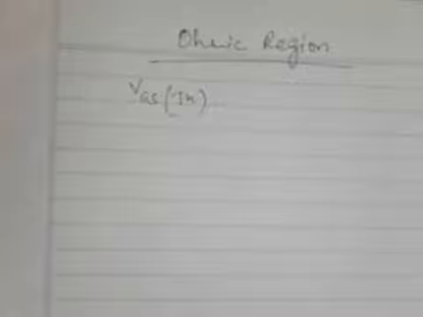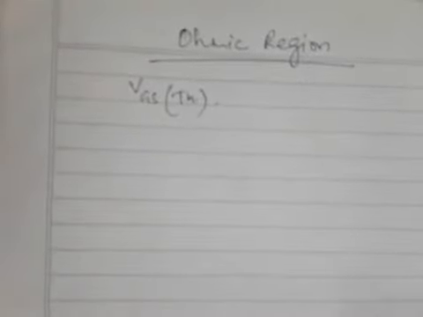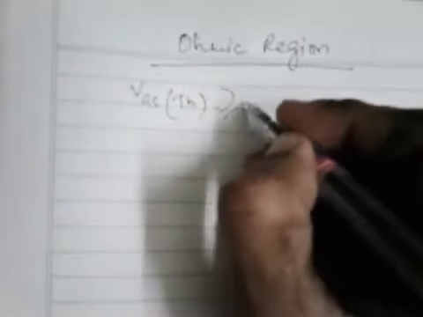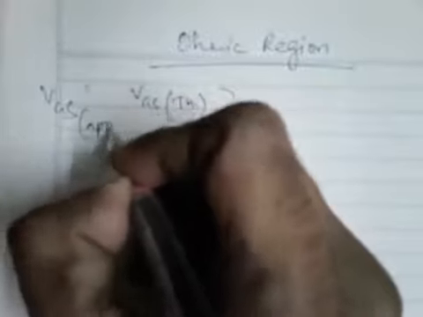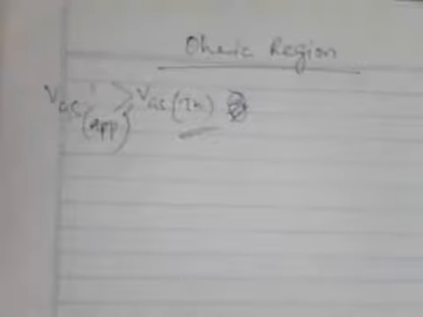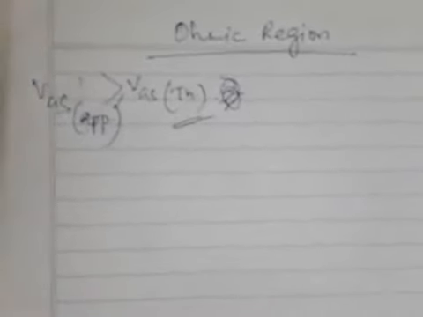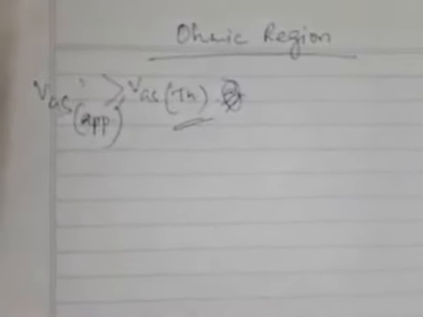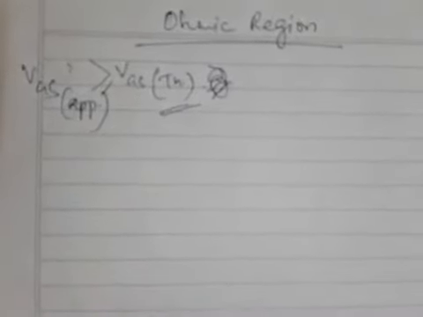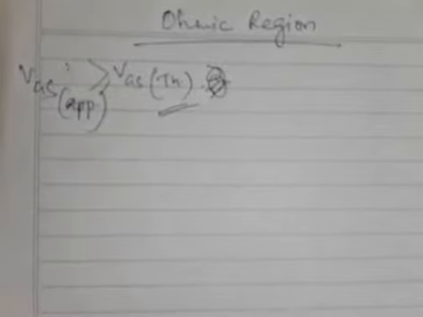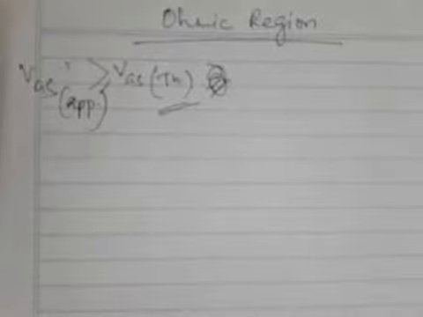And for a voltage greater than or equal to this threshold voltage, that means applied VGS greater than or equal to VGS threshold, only then can the device create the inversion layer between the drain and source, and thereby the device becomes conductive, channel conduction starts, and the drain current flows.